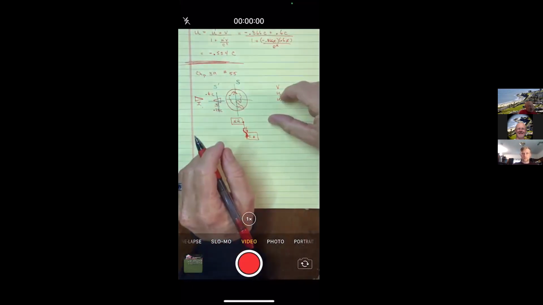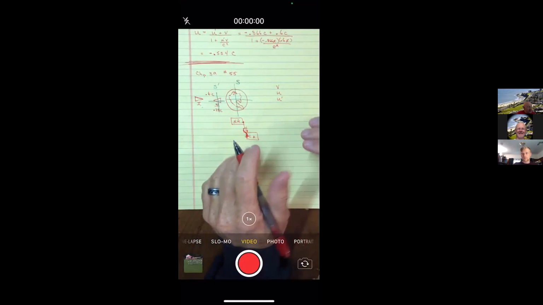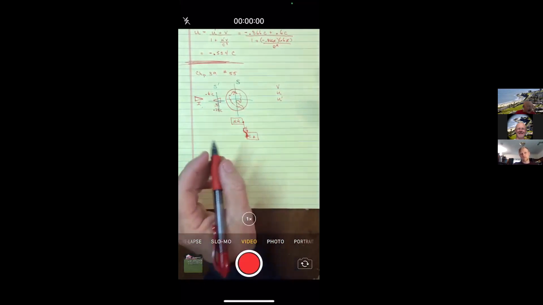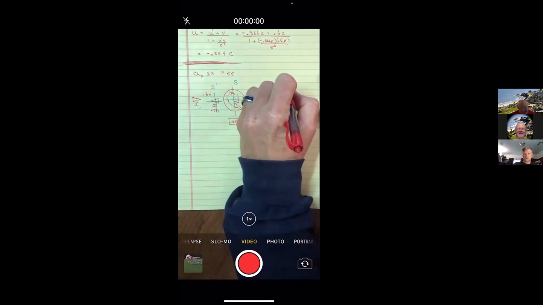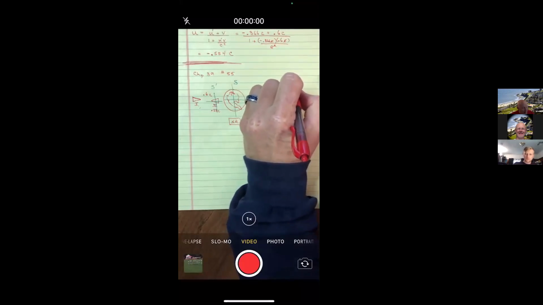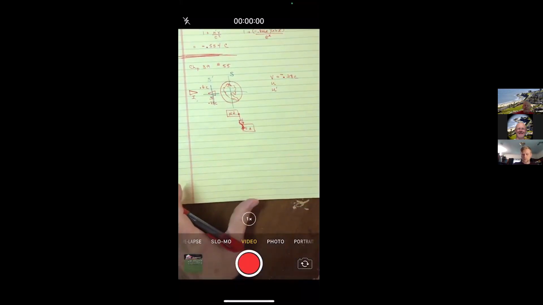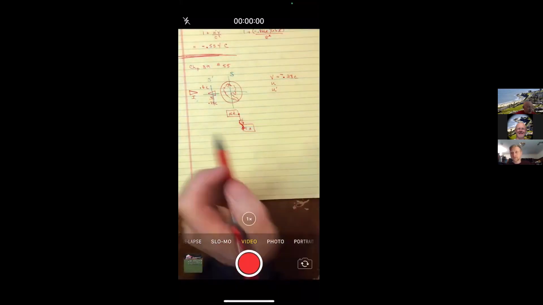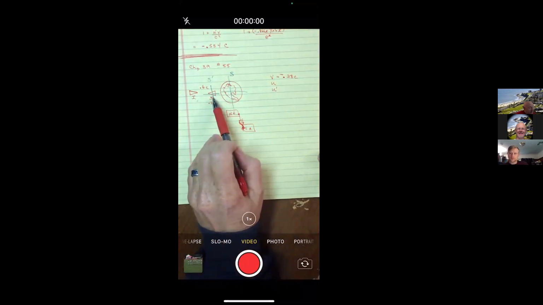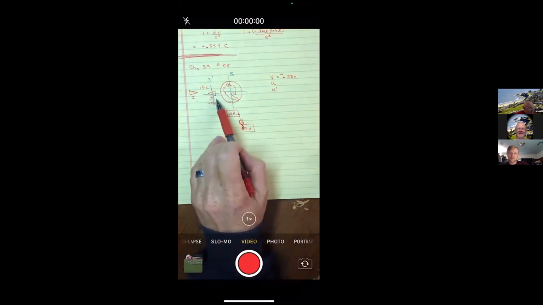Now, we could have set it up the other way, but the way we set it up, that's to the left. So I'm going to call this a negative 0.28c. So there's the speed of the professor's spaceship.